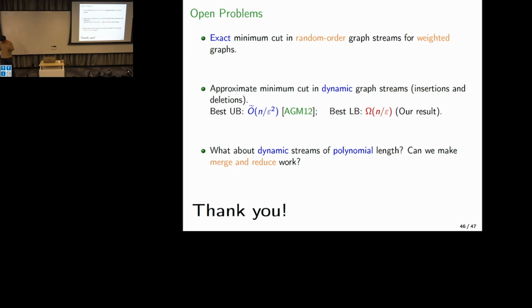The other extreme is what I was talking about today, one-way communication, where Alice just sends one message to Bob, and Bob is never able to communicate with Alice. Now people look at what happens if I allow just k rounds of communication between them. For example, with pointer chasing, in k rounds you can do it easily, but in k-1 rounds it's sort of hard.